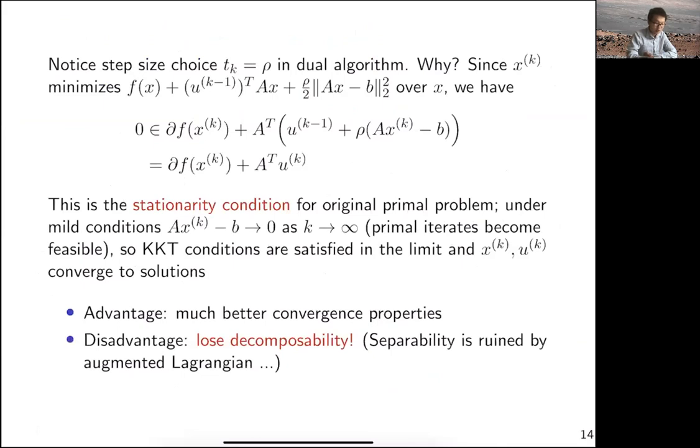Because in the dual, when we have augmented the objective function, then the dual will necessarily satisfy the smoothness condition with parameter 1 over rho. Therefore, the natural fixed step size to choose for this would be 1 over L, which is rho.